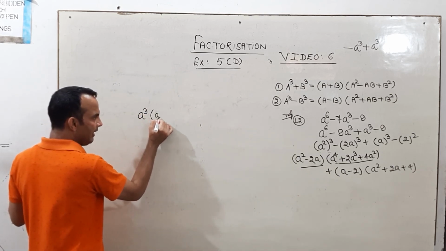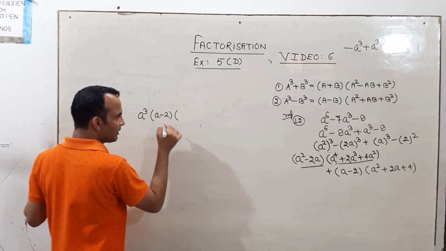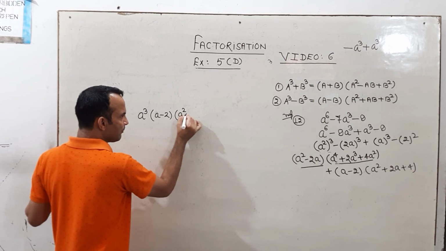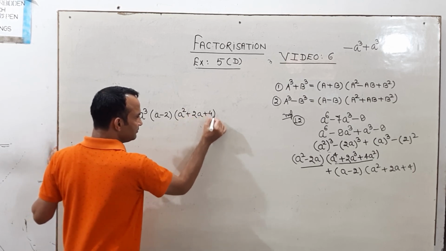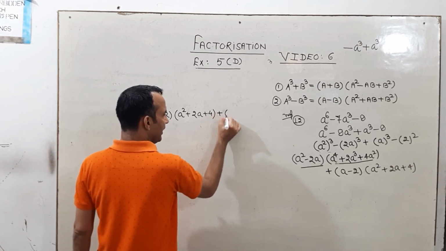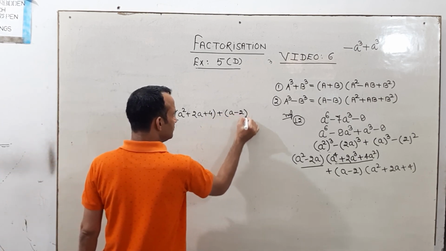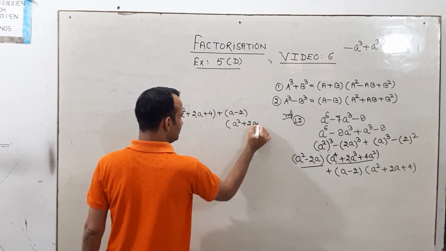We obtain what? a minus 2, a square from that portion means a square plus 2a plus 4. Okay? Plus a minus 2 multiplied with a square plus 2a plus 4.